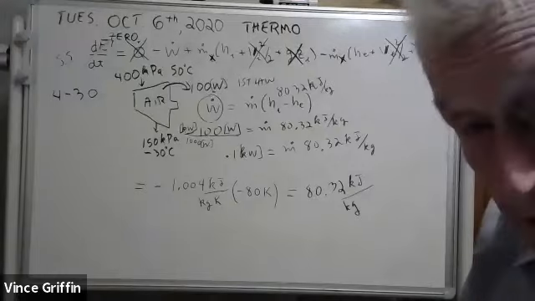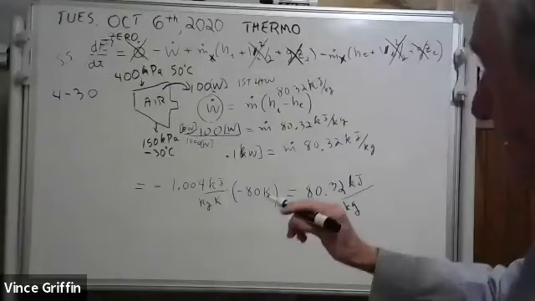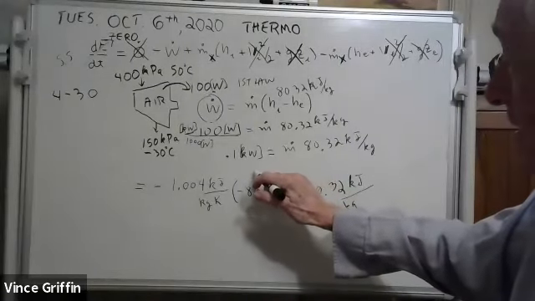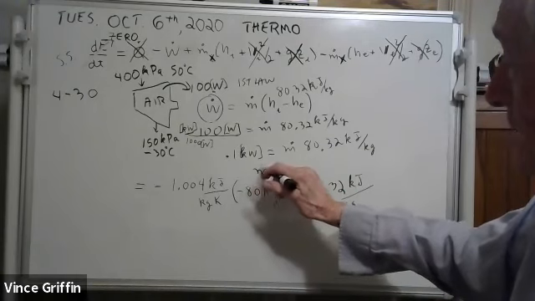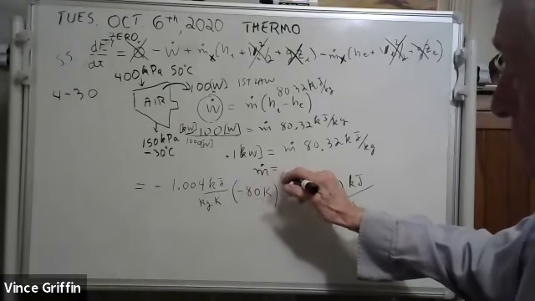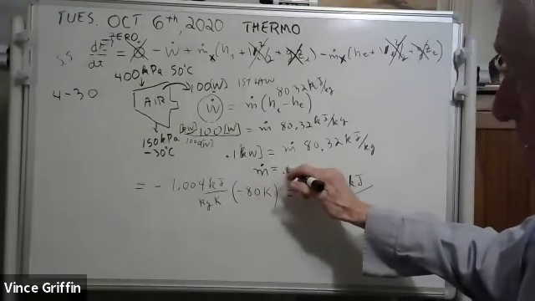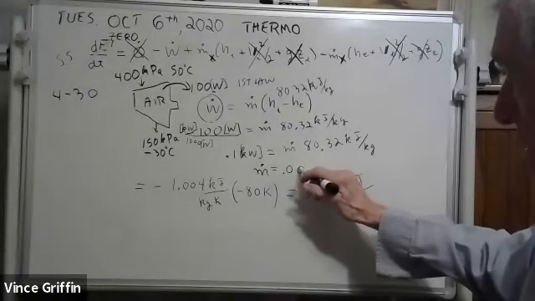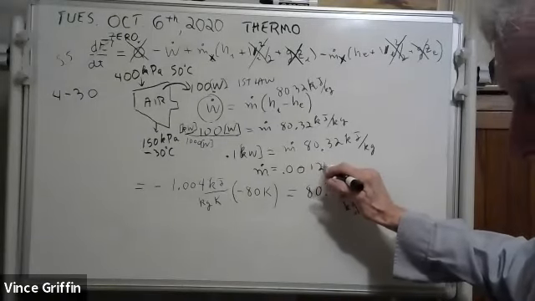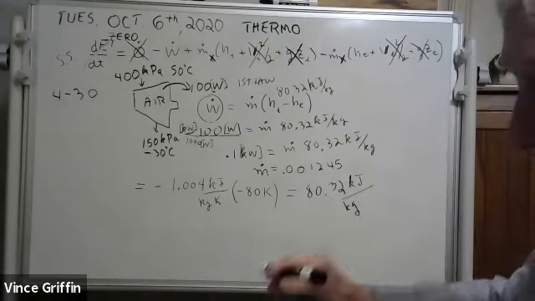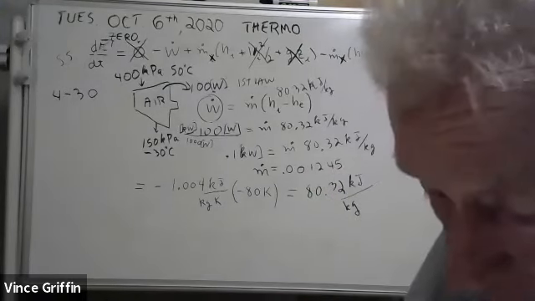You know what? That's what I got. I got the same thing, William. I got the mass flow rate is 0.001245. Now, what's the units?